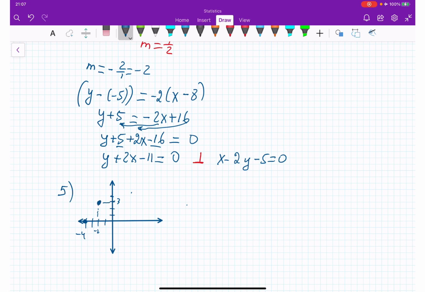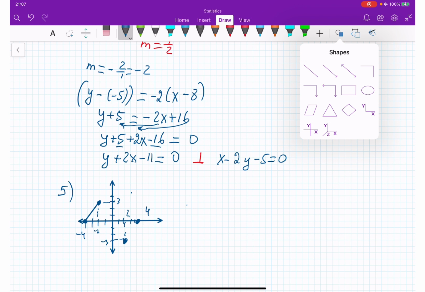Coming here, and then it goes to 2 and negative 3. 1, 2, 3. Okay, third point, and last one is 4. So the graph goes like this. From here comes here.